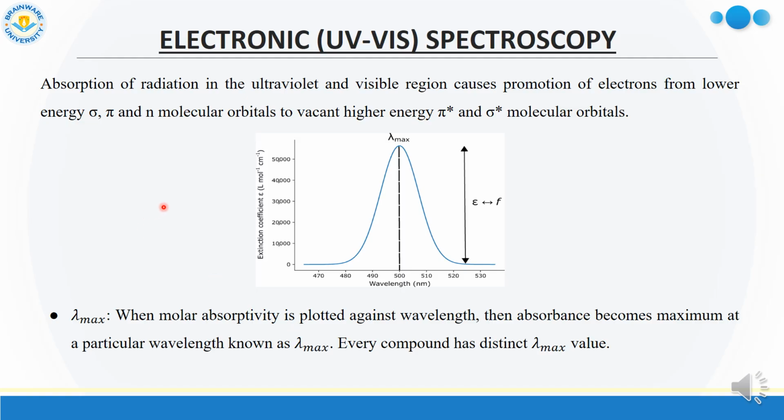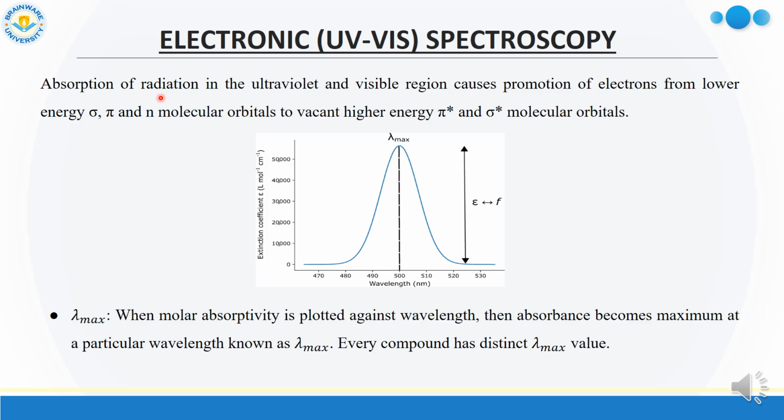Now, electronic spectroscopy or UV visible spectroscopy. This is the main topic. Now, as I have already said, when we irradiate a molecule with light, then the molecule will absorb some amount of energy, and the electrons present in the molecule will move from lower energy to higher energy orbital.